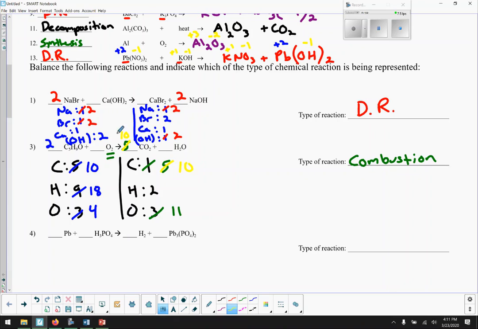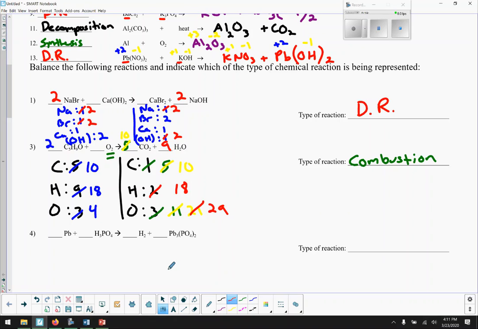So that I have 10, 21 oxygens. And now I can do my hydrogens. So I will look at my hydrogens. I'll put a 9 here. 9 will give me 18 on this side. And 9 oxygens plus 20 is 29.